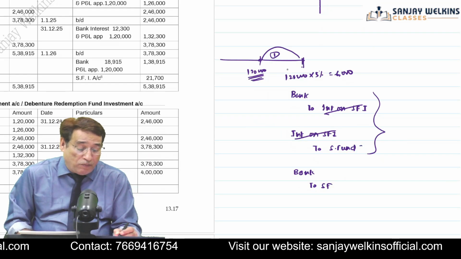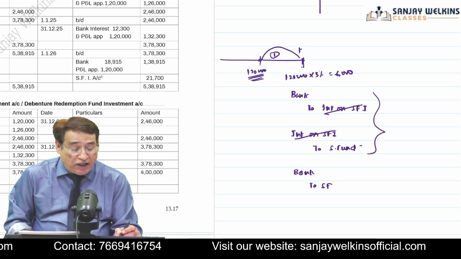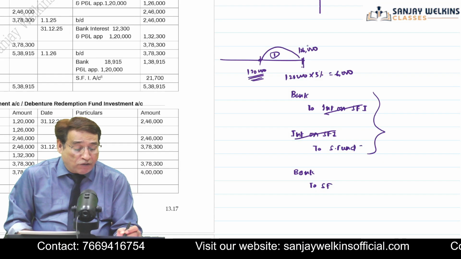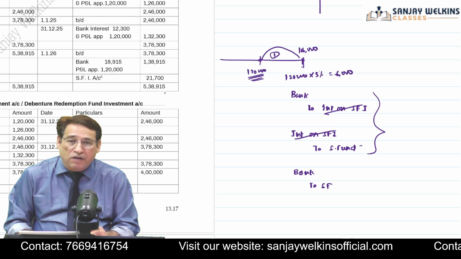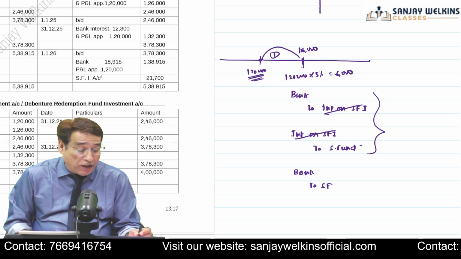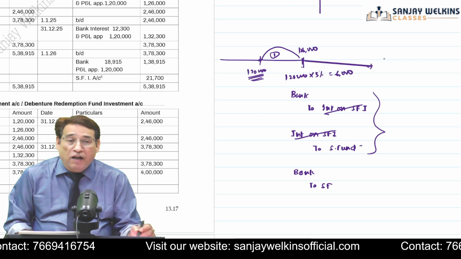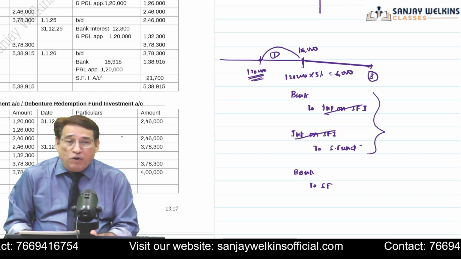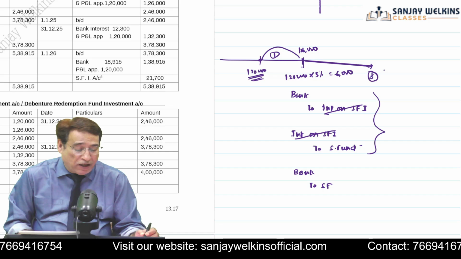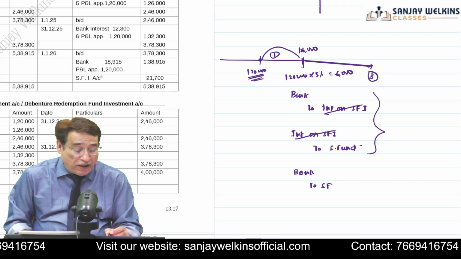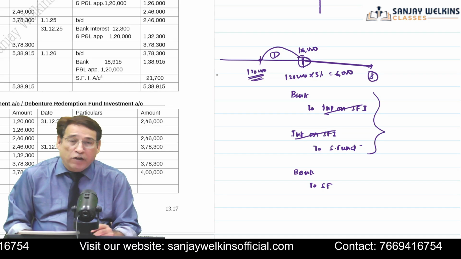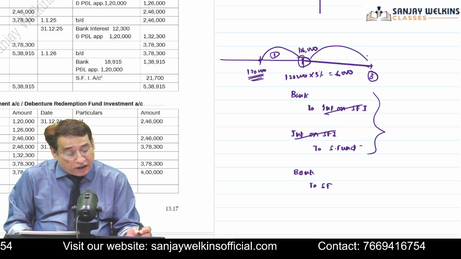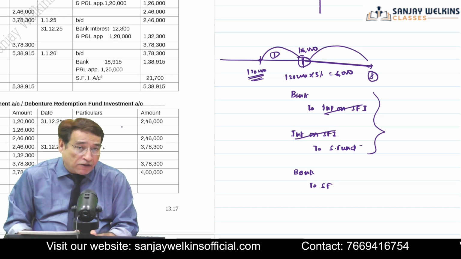In the first year, you made an investment of 1,20,000. By the end of the second year, your investment is equal to 1,26,000. Is it clear to you? Now we are going to reach the end of the third year. At the end of the third year, when I compute the interest, because we have already computed interest on this particular date, now from this date to this date, what will be my interest?